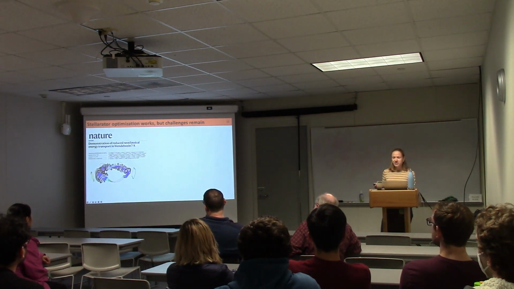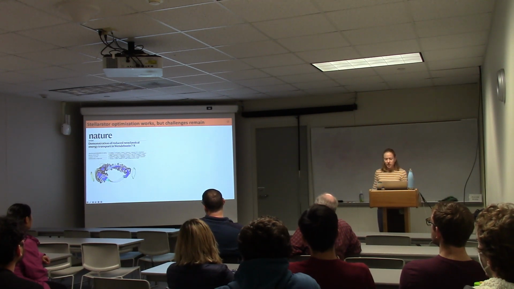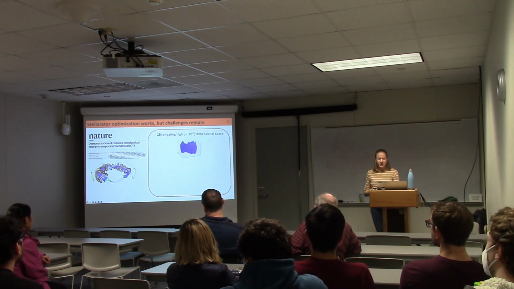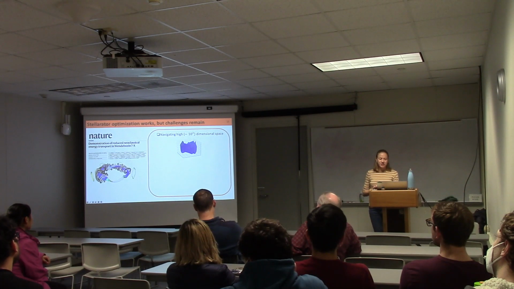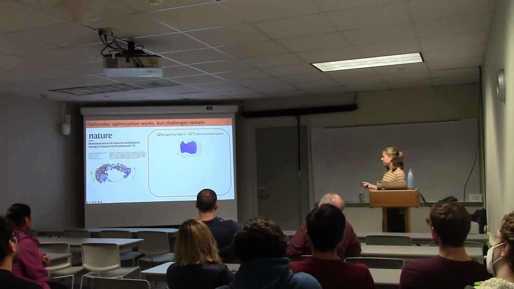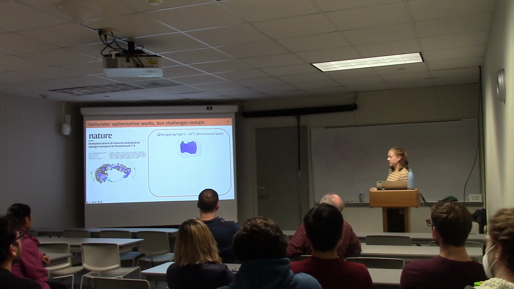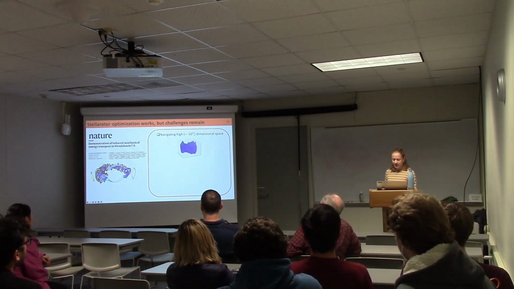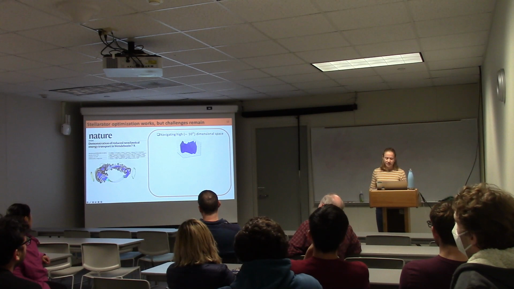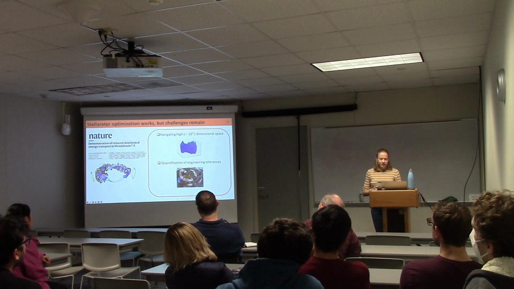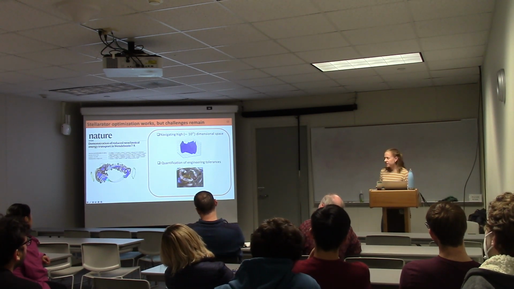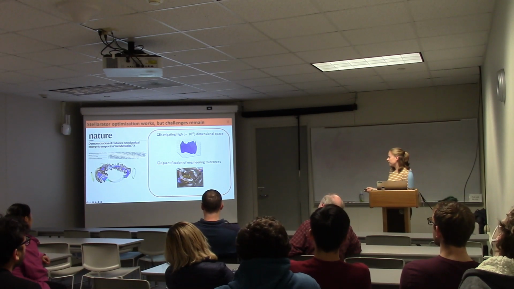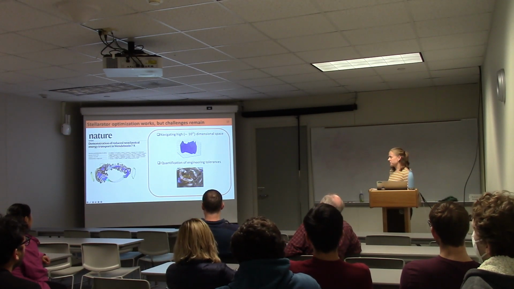So we have evidence now that stellarator optimization works, but there are a lot of challenges that remain. One of the challenges is that we have to navigate this high-dimensional space that describes complicated geometries, and this can be taxing numerically. The other challenge is the possibility of very tight tolerances on the positioning of coils.